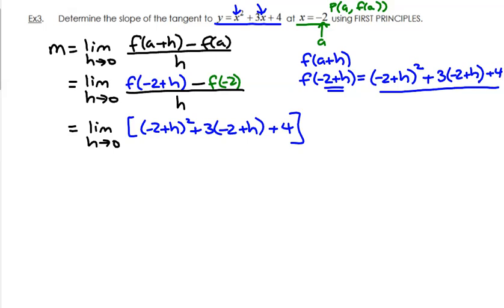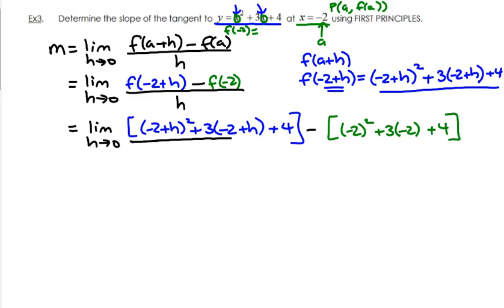We're going to subtract f at -2. What is f at -2? Well, I'm going to have to take -2 and put it into my x's and actually figure out what f at -2 equals. When I did that, I got something that looks like this: -2 squared plus 3 times -2 plus 4. And again, all of that is over h.